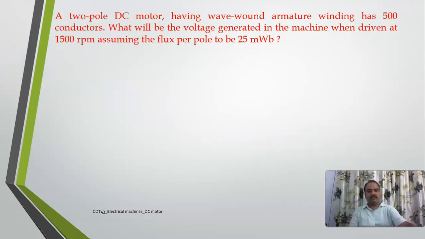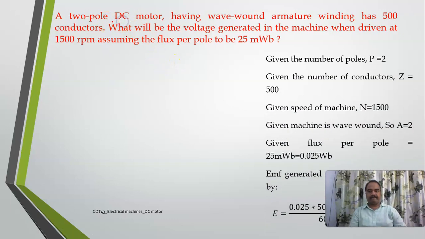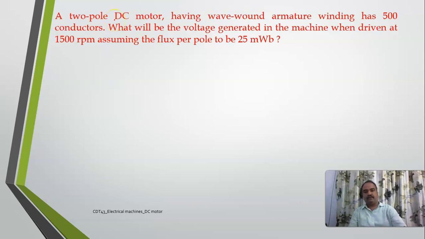There is a two-pole DC motor having wave wound armature windings. Two-pole DC motor means P is equal to 2, right? Wave wound: the number of parallel paths is defined by whether it is lap or wave.